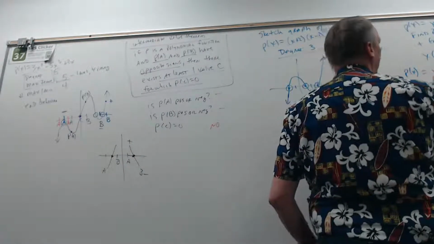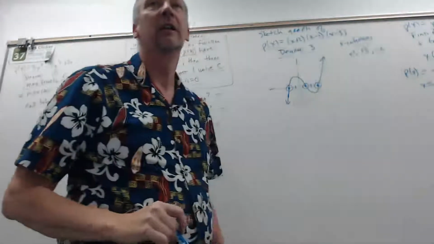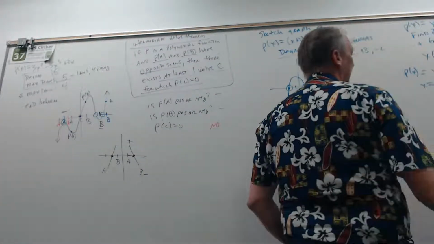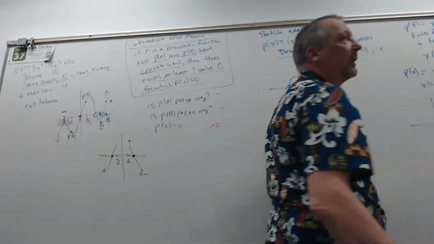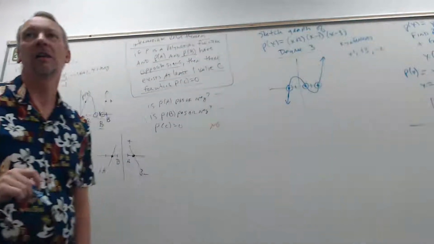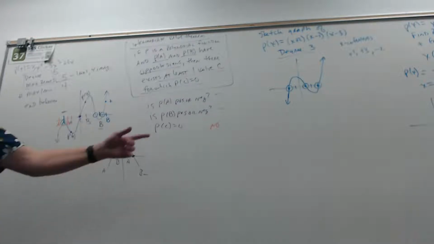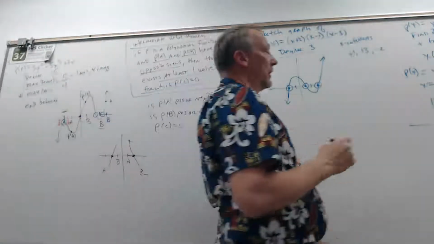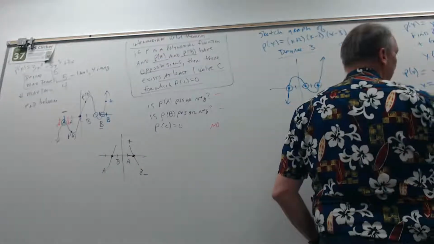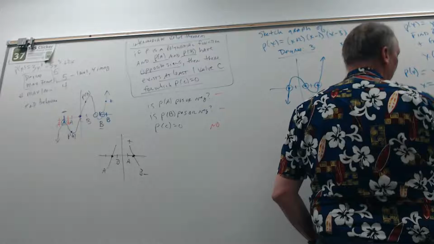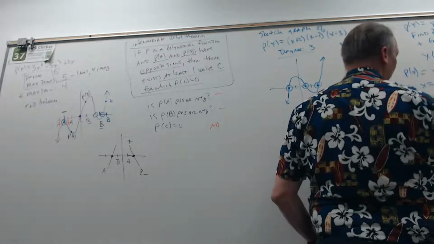So your zeros are at where? 0, 3, and -1. Now, what's the end behavior? Just going to be like this one, right? So we've got zeros at -1, 0, and positive 3.